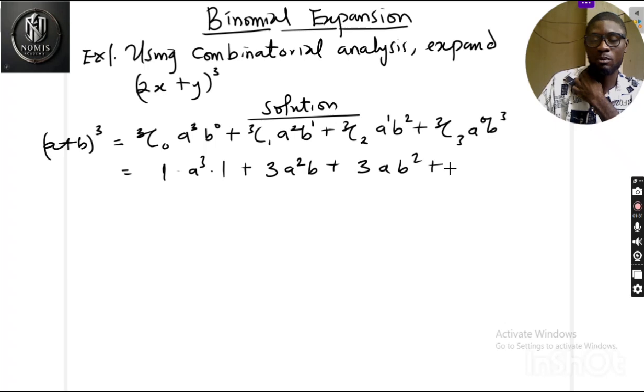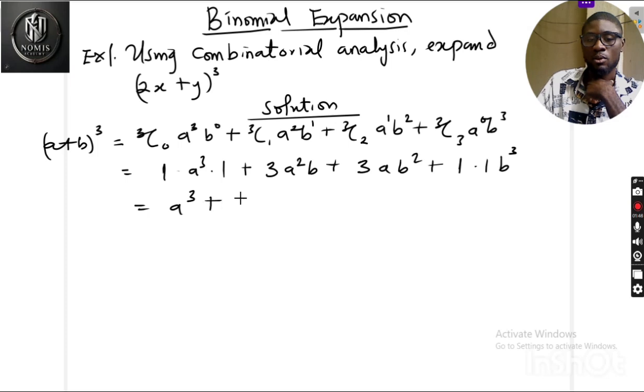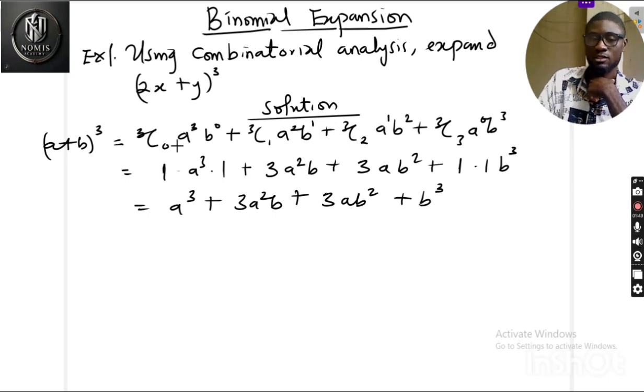We know any number combination the same number is 1. So 1, a raised to power of 0 is 1, then we have b cubed, so that we will arrive at a cubed plus 3a squared b plus 3ab squared plus b cubed. So combinatorial analysis has justified this for us.